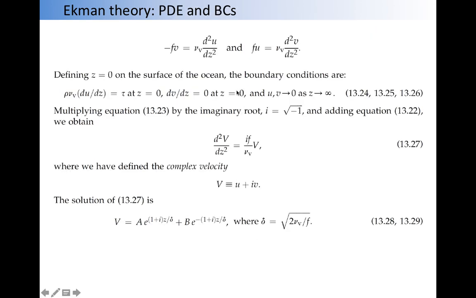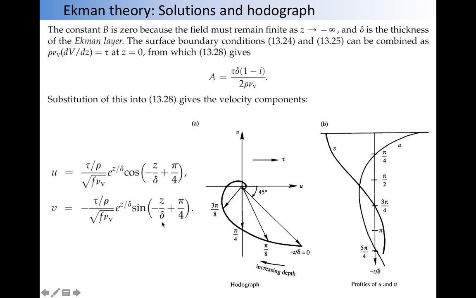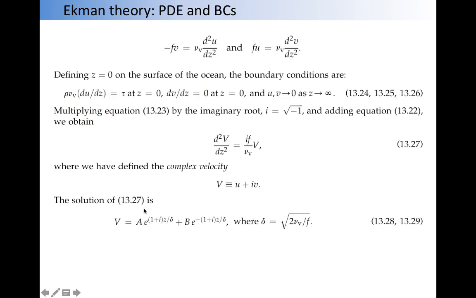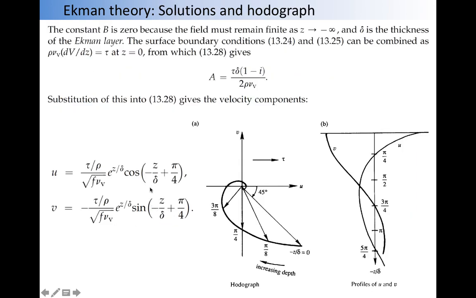So please stick to a consistent convention, setting the z coordinate positive upward. If you prefer, when you put it in here, make the sign convention consistent, so that you can determine whether you're going to look at z over delta or minus z over delta.